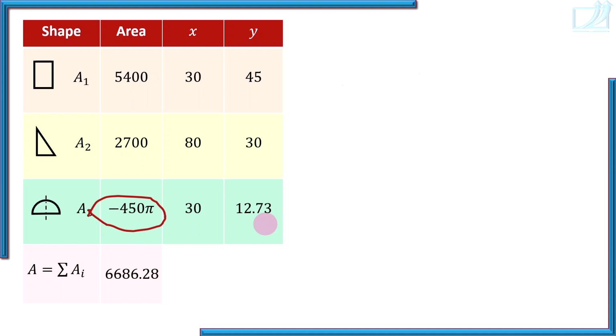And now use this formula. X bar is equal to summation ai xi divided by summation ai. So A1 into x1, A2 into x2, A3 into x3, and so on. Just put the values now.